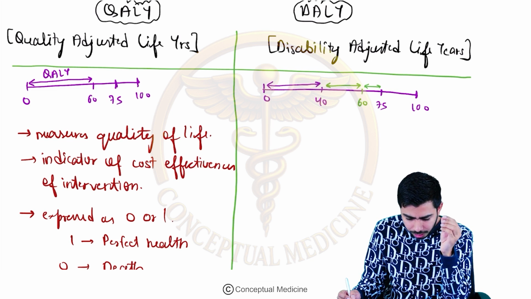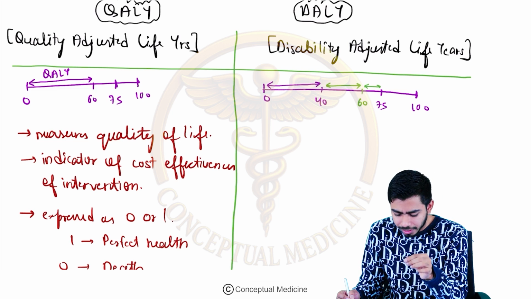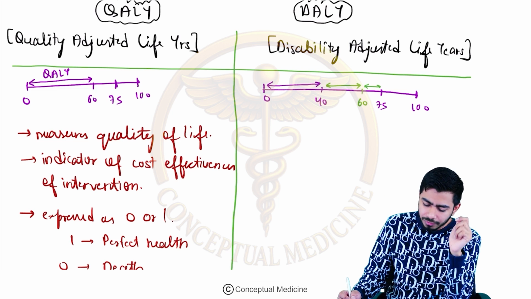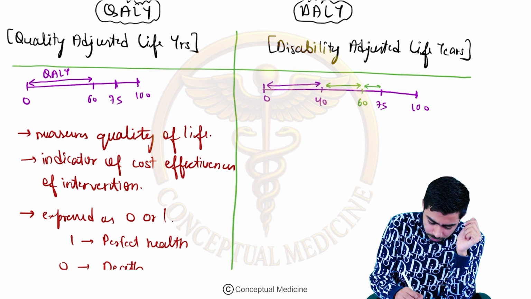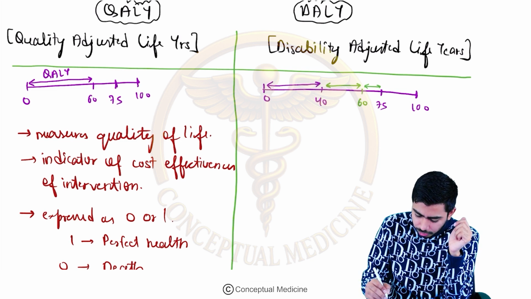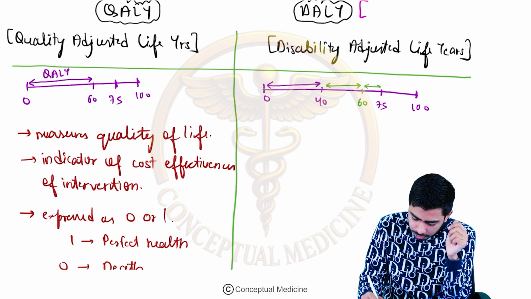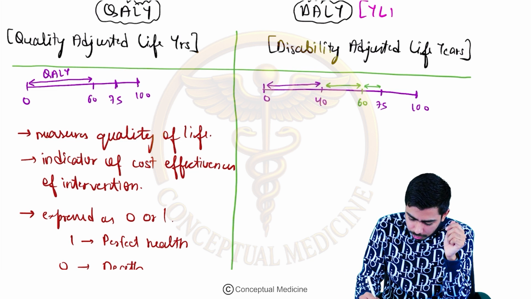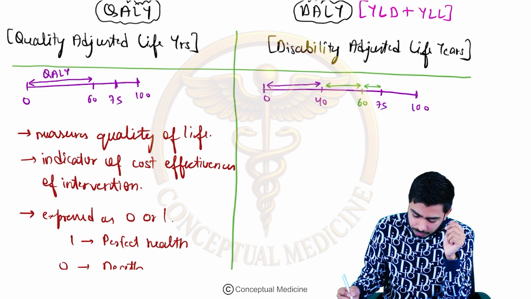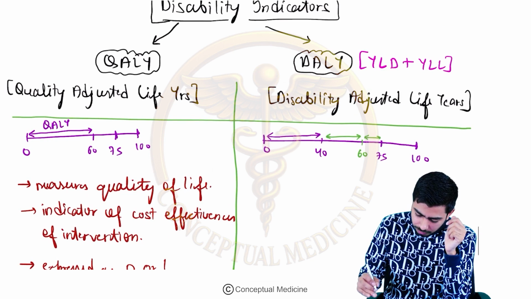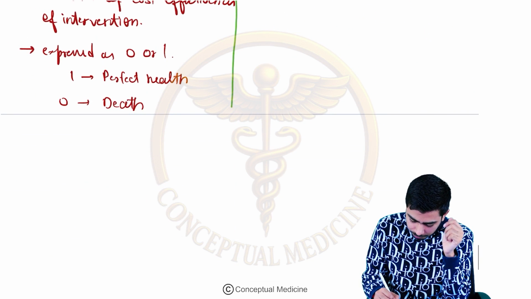So here comes an important subcategory in the DALY, because DALY is a combination of years lost to disability plus years lost to life. What do I mean by YLD and YLL? I'm just writing over here.